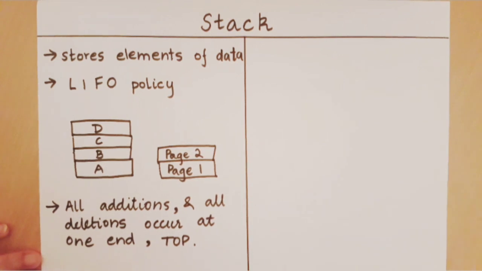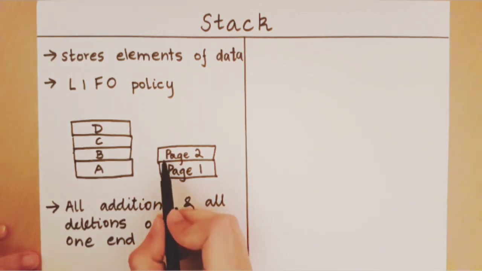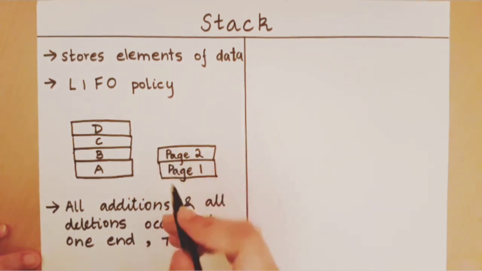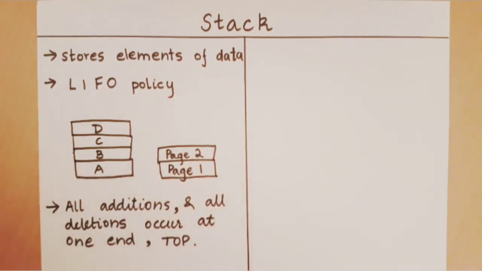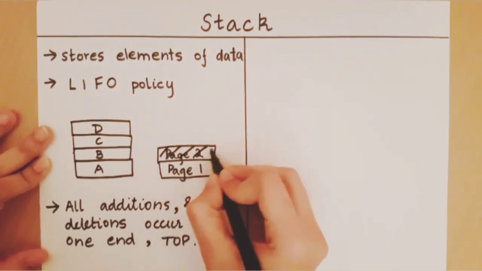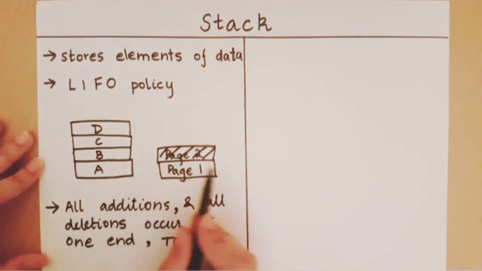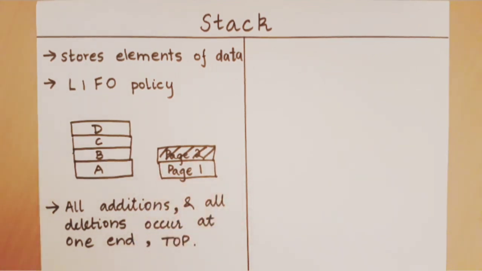So, when you are on page 3 and you click the back button, the page 2 URL, which is the topmost element of the stack, will be the page you are redirected to, and that element will no longer exist in the stack. At this point, you will be on page 2 and only page 1 will be part of the stack.